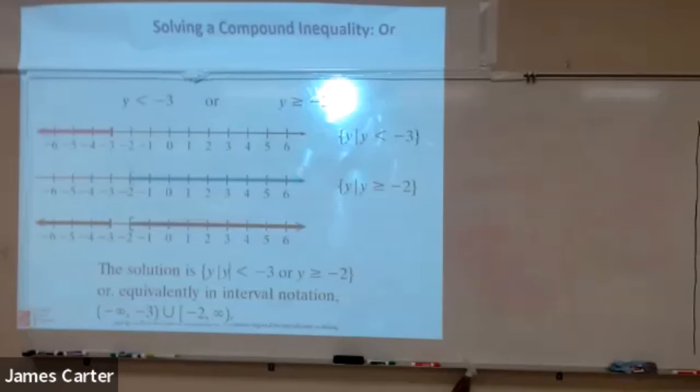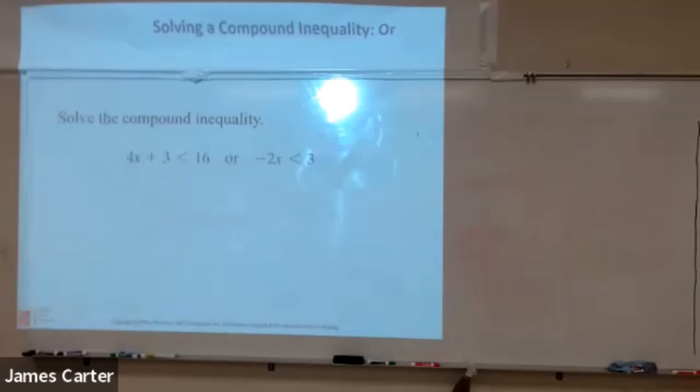So anyway, solve this one. We do the left side. We do the right side. We do have a flip on the right when we divide by that -2. Okay, this is an OR statement.